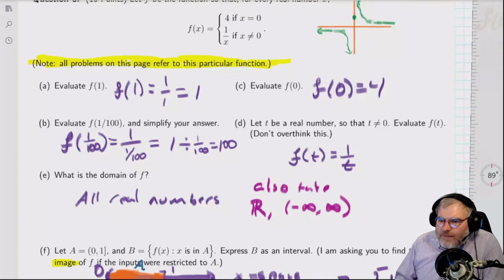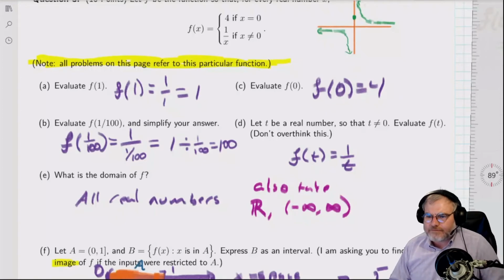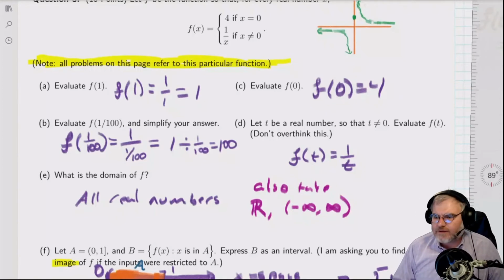So how do we feel about that? 3, 4. I need a macro for this, don't I? This is question 3, part E. There we go.